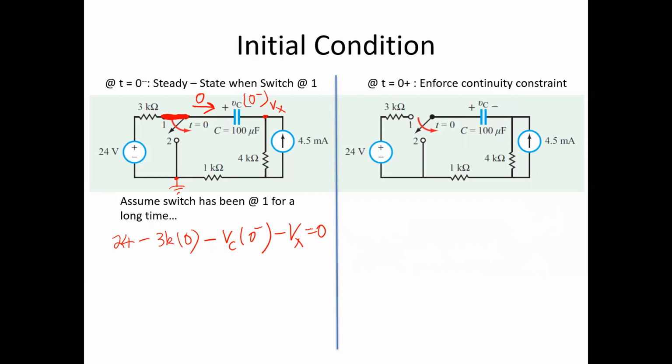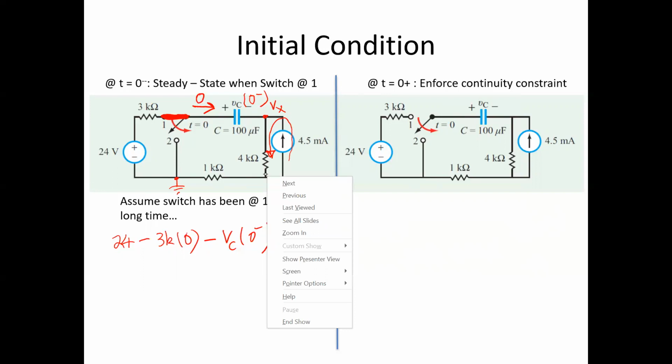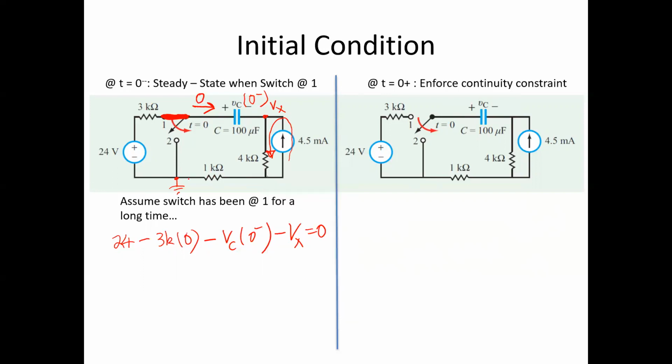But now the key is that we have to figure out what Vx is. There's an easy way of doing this because there's no current coming in from this left branch. This 4.5 milliamp source, the current that it has can only come over this 4K ohm resistor. So we know that there's going to be a voltage drop over this 4K ohm resistor. Now, how does that affect the 1K ohm resistor here?